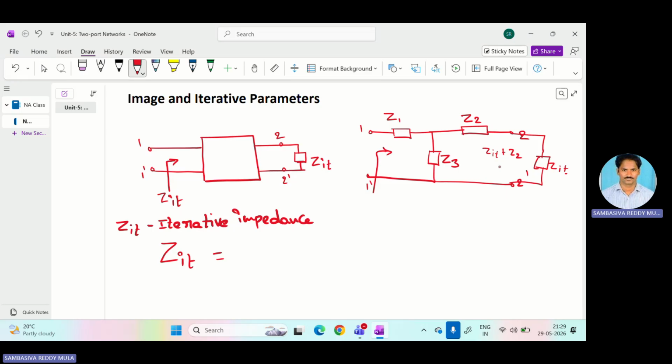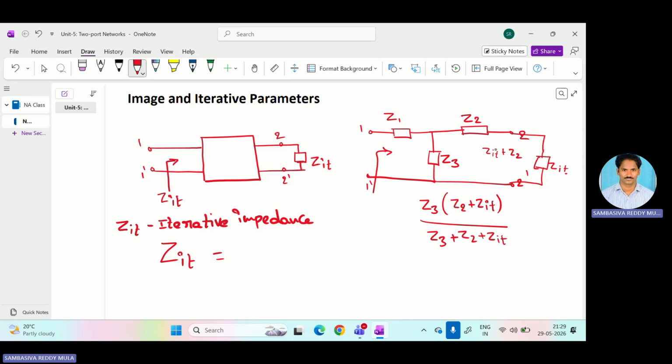So this combination is in parallel with Z3. So this combination is Z3 into Z2 plus ZIT, the parallel combination of two impedances, divided by Z3 plus Z2 plus ZIT.